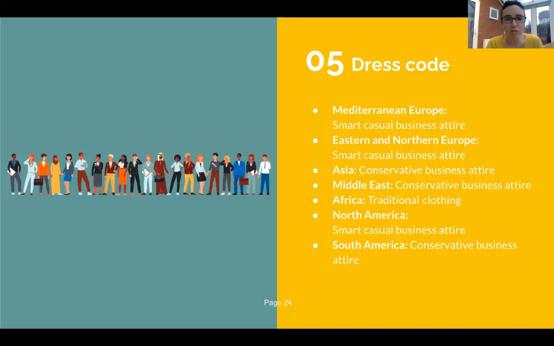But as a general rule, in Europe and in North America, they tend to dress smart casual, or with a blazer and chinos, for example. Conservative dressing is common in Asia, the Middle East and South America. And then finally in Africa, it's very common to see traditional clothing during business meetings.